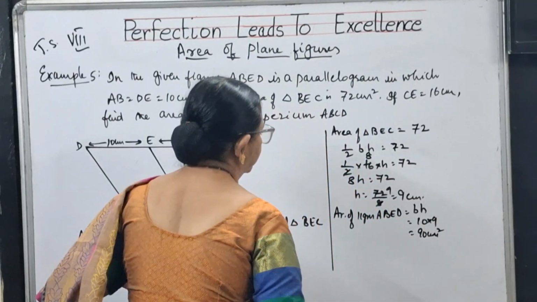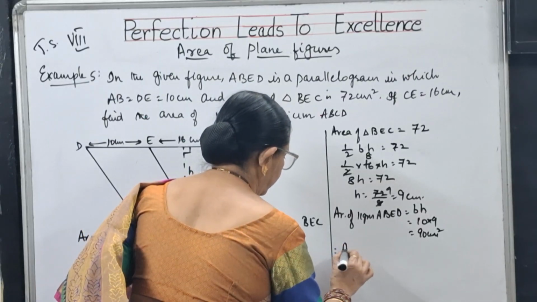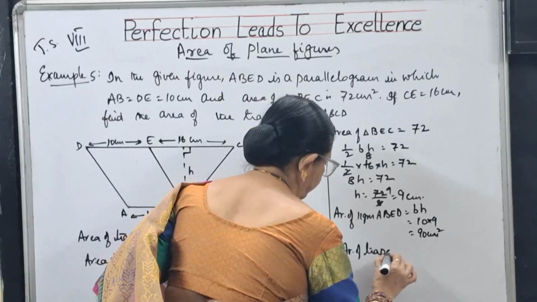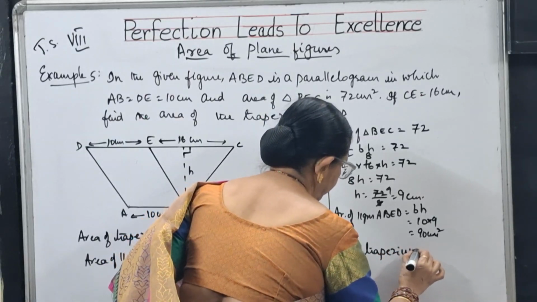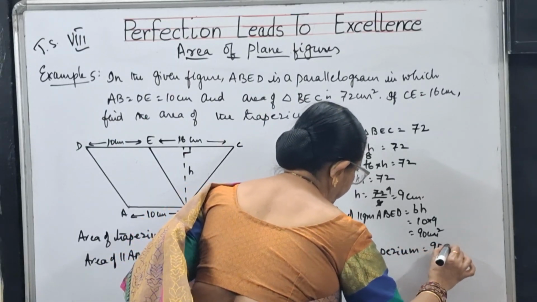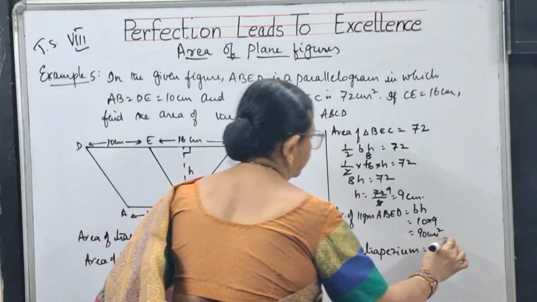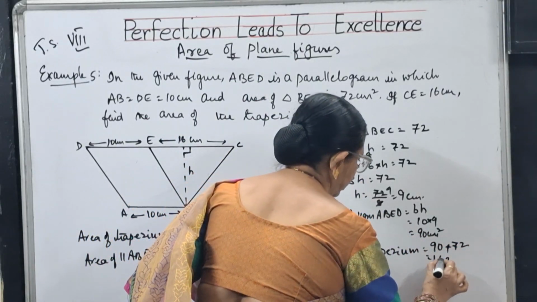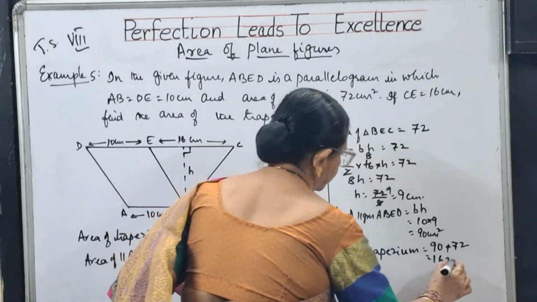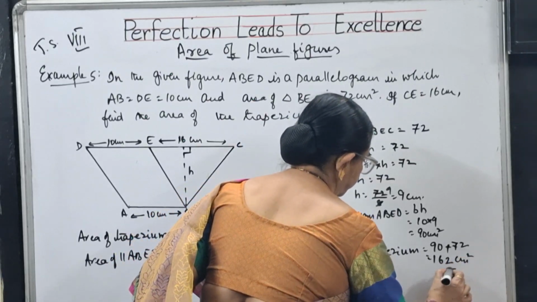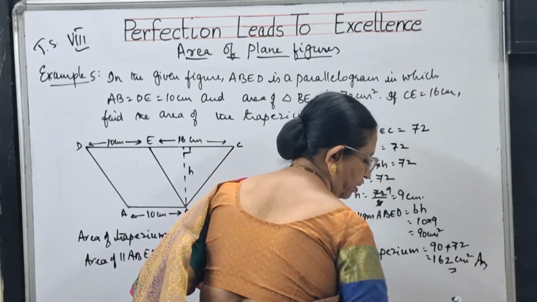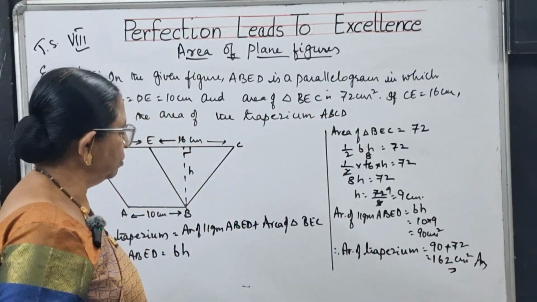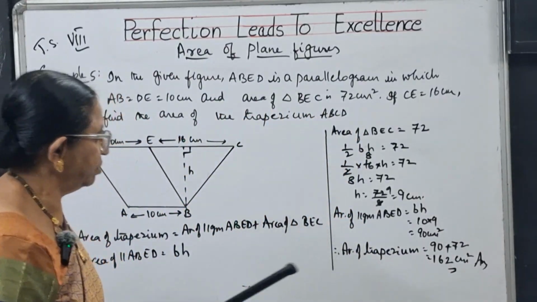So area of trapezium is equal to 90 plus triangle area is 72. So how much are you getting? 162 square centimeters is the answer. The area for trapezium is 162 square centimeters.